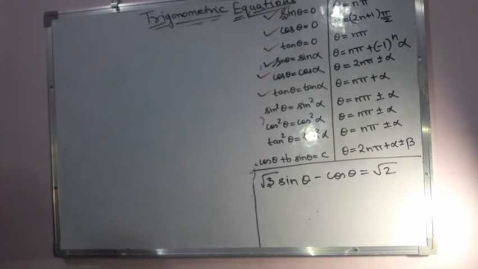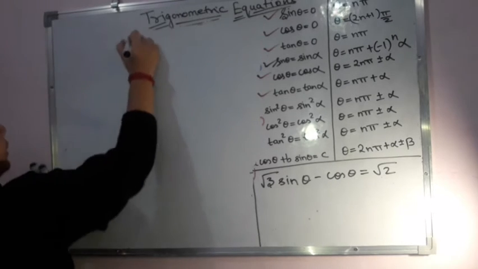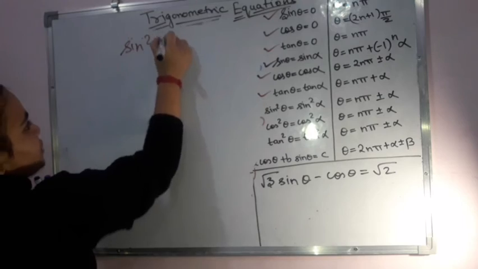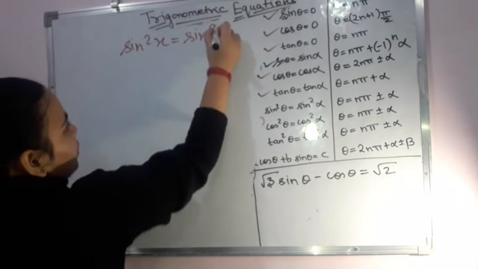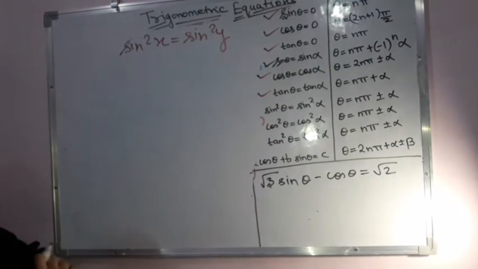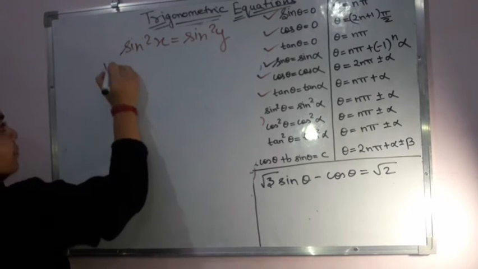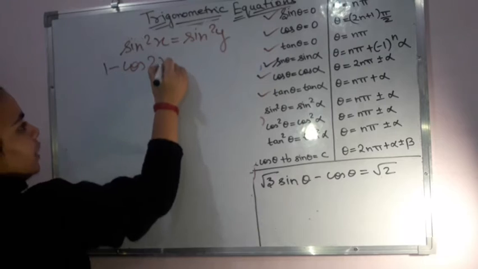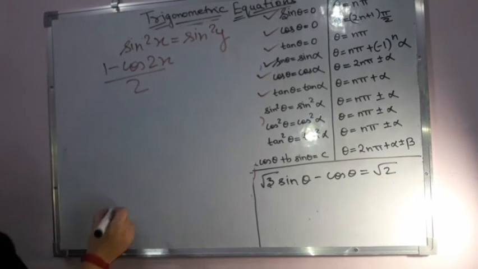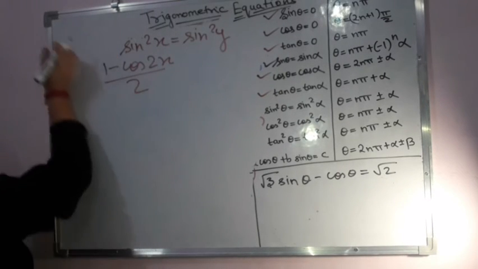So the first one that I have is sin square theta is equal to sin square alpha. So sin square theta, or I can write sin square x is equal to sin square y. Now I know that my sin square theta could be written as 1 minus cos 2 theta upon 2. How come? Let us just quickly go this side.